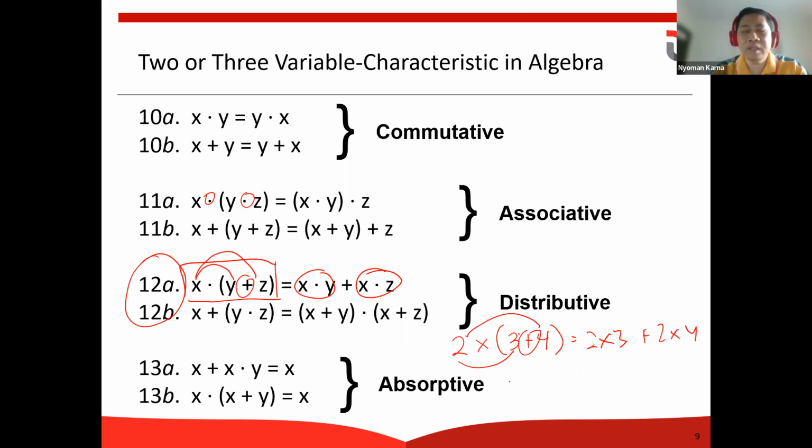Okay. But in Boolean algebra, we can also have the other way around. X plus yz is the same thing as x plus y times x plus z. So let's take, for example, like this.